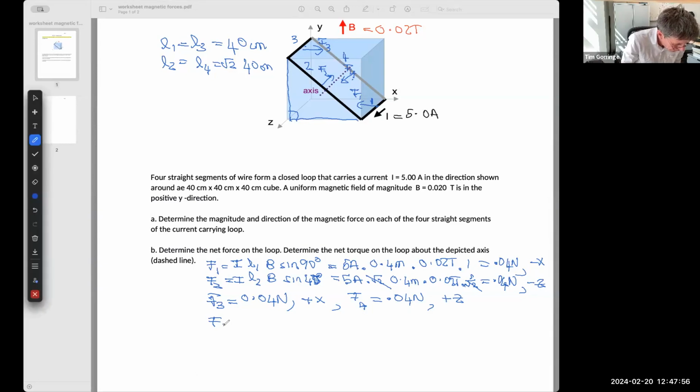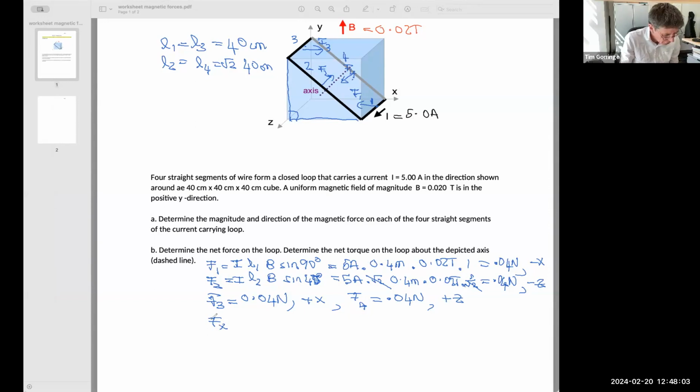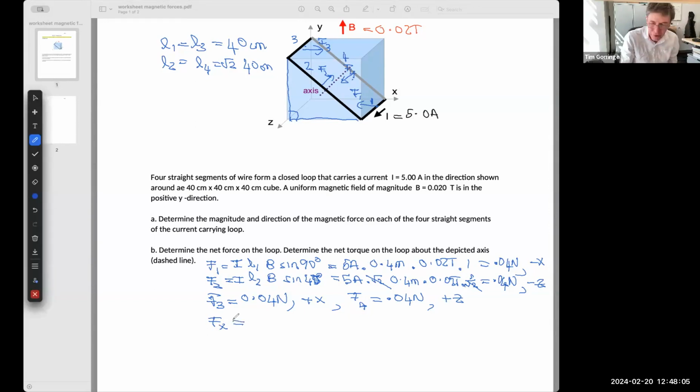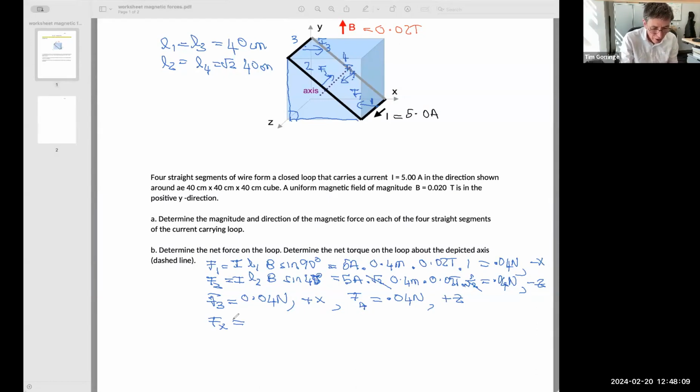So let's do that for the x direction. So the resulting x component of the force on the entire loop is the sum of all the individual x components of forces on the wire loop. There are two of those.